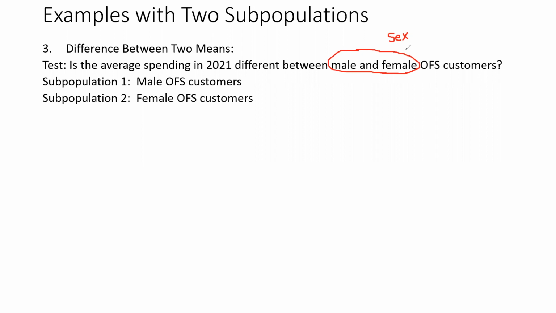Note that we binned income into quartiles, and we binned some other variables into quintiles. Those binning values can also be used to divide your population. In this case, we're using one that's binary, sex. There's only two values, and we're using all the records in our data set. And we're going to have the two subpopulations, the male and the female.